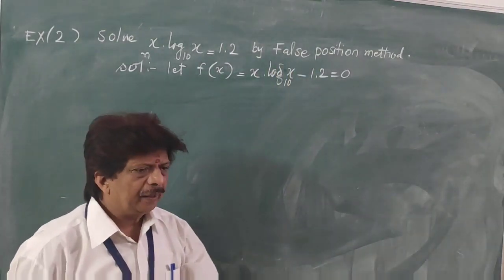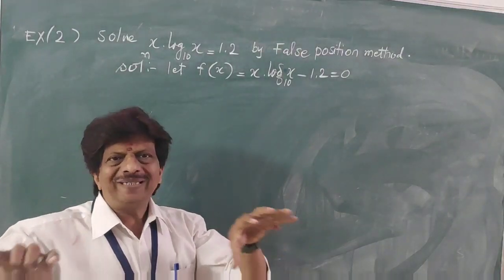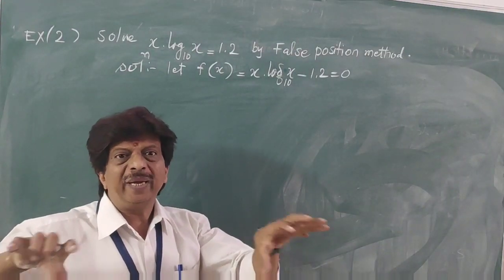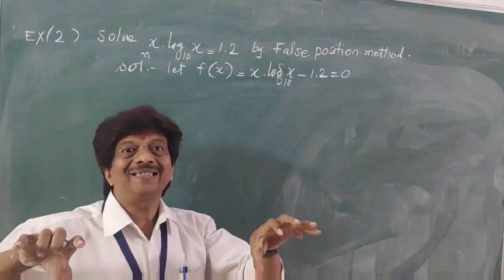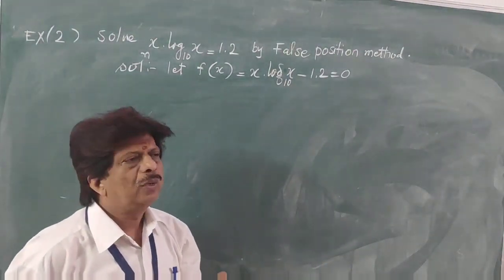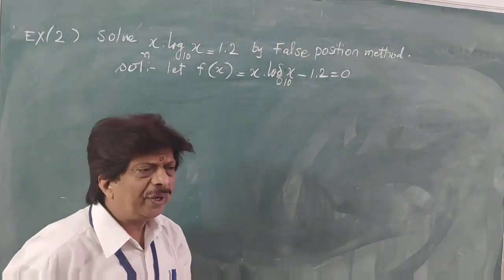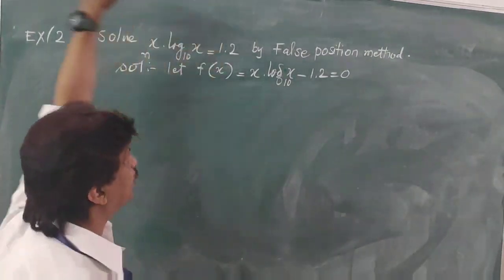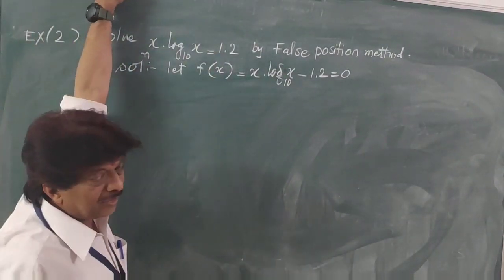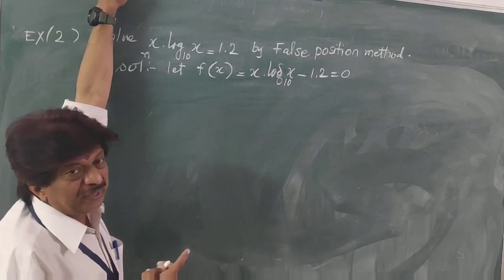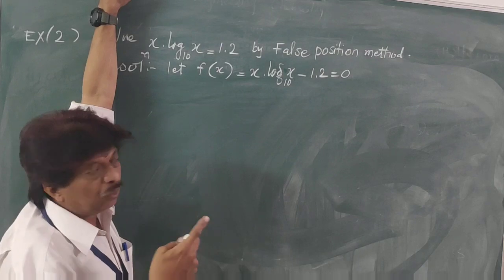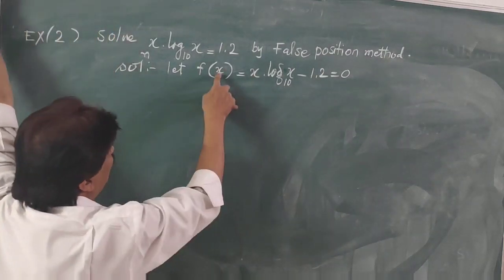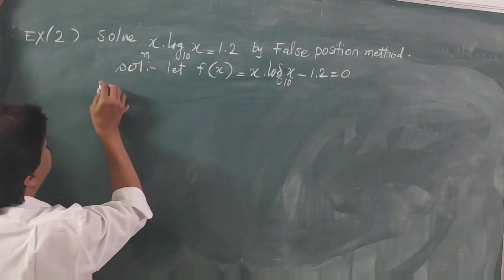So, step 1, we determine 2 points capital A and B such that f of A into f of B is negative. This we usually do by trial and error method. This is log of x to the base 10. If I put x equal to 1, log of 1 is 0. So what is f of 1 here?